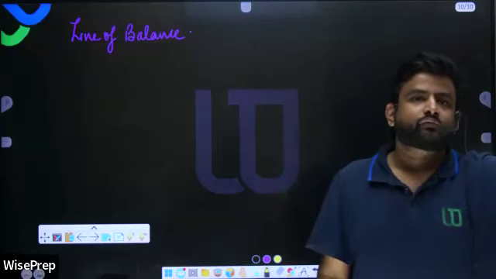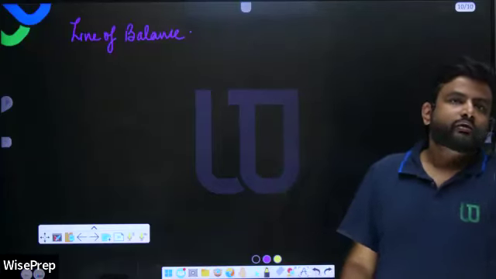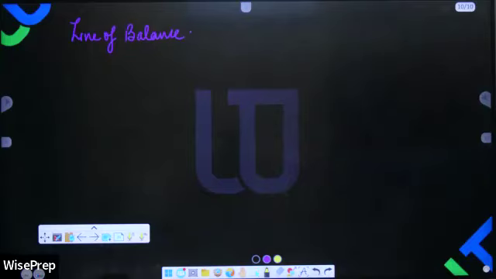So write down: line of balance, LOB, technique of programming and control of project.